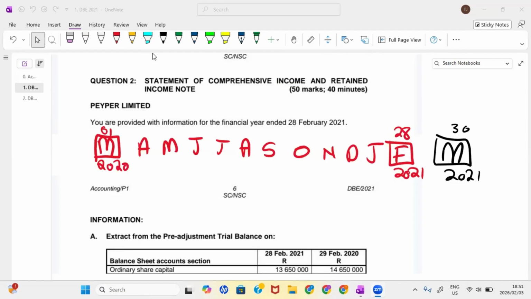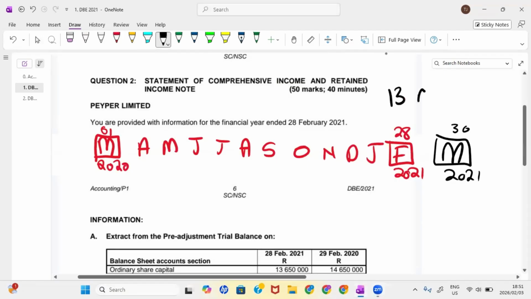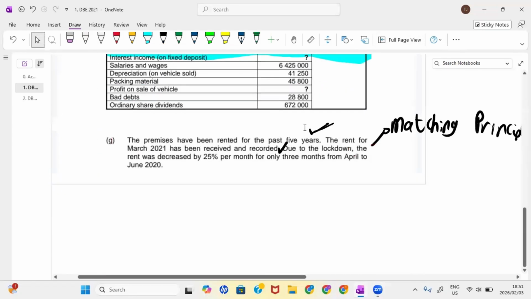So that's something we need to take note of. It is 13 months, right? Okay, so now we'll move to the other part. So they say due to the lockdown, the rent was decreased by 25% per month for only 3 months from April to June 2020.